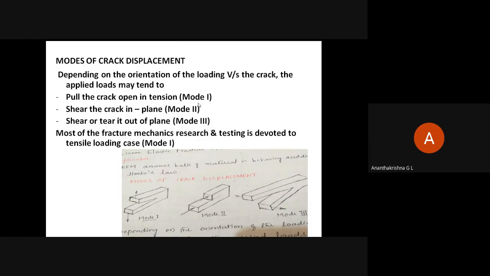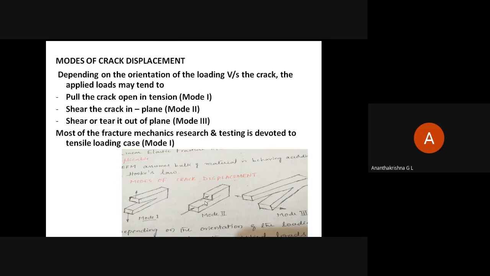So you have three modes of crack displacement: mode 1, mode 2, and mode 3. In mode 1, it will pull the crack open in tension. In mode 2, the load will shear the crack in plane. And in mode 3, it will tear it out of the plane. This is mode 3 type of crack displacement.